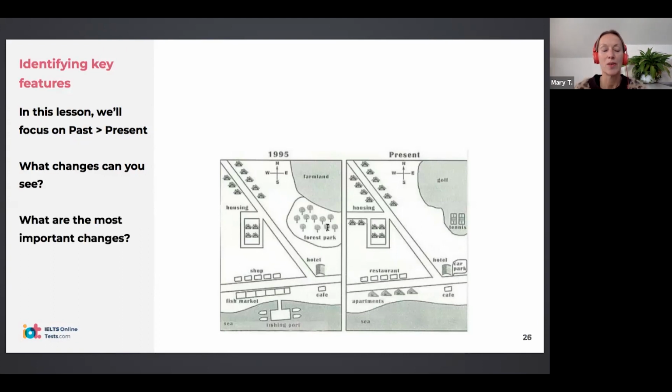What do you think are the most important changes looking at that? Farmland to golf course. Yeah, that's a big change. Anything else? Housing. Yeah, the fish market has been replaced with apartments. Deforestation. That's a good word, yes.